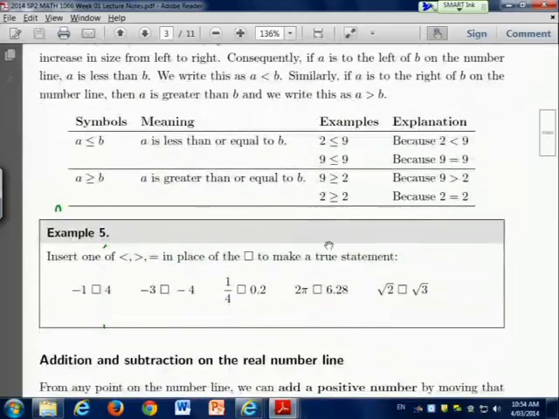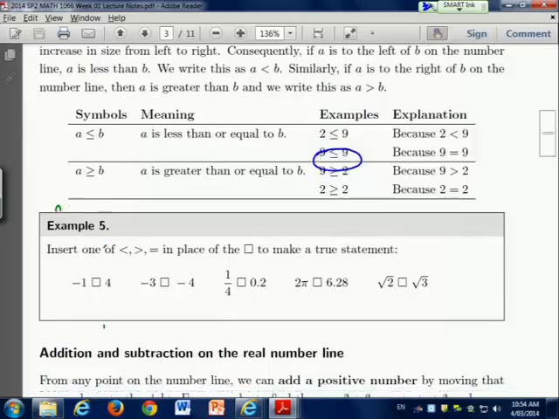Okay, here's a good example. 9 is less than or equal to 9. It's a true statement because 9 is equal to 9. But 2 is also less than or equal to 9, because 2 is strictly less than 9. So we have less than and less than or equal to signs, and greater than or equal to signs.